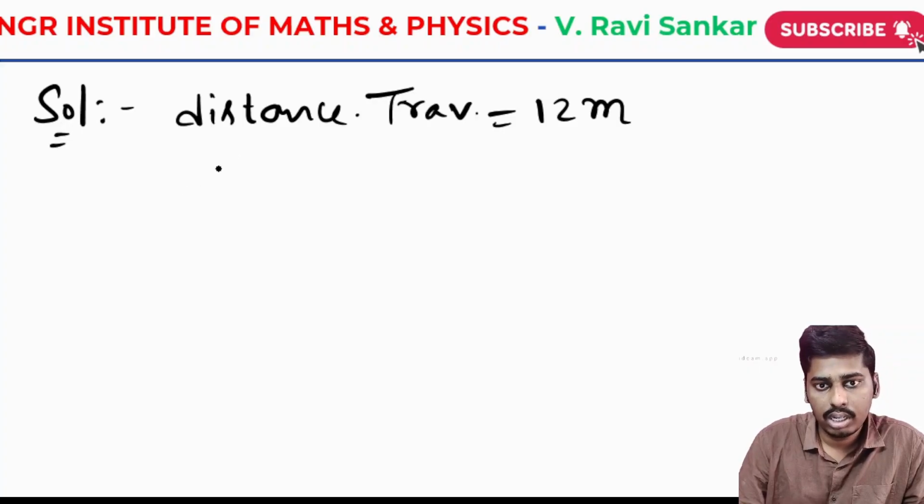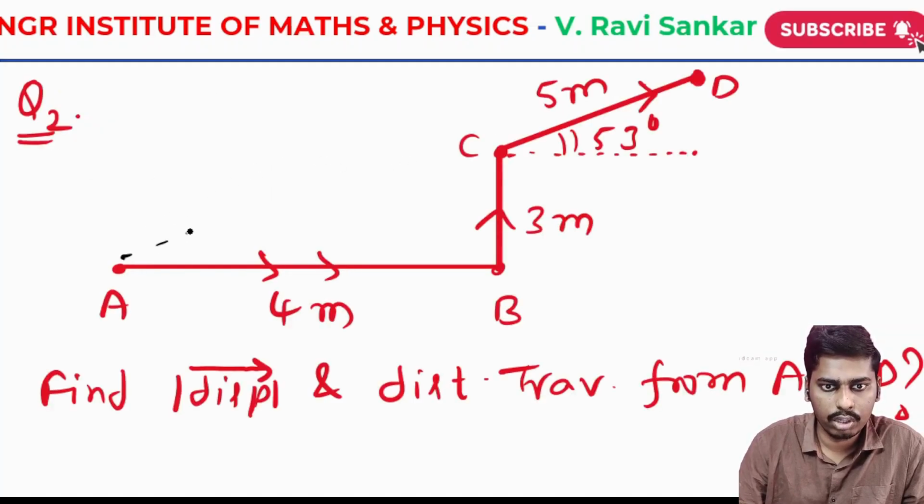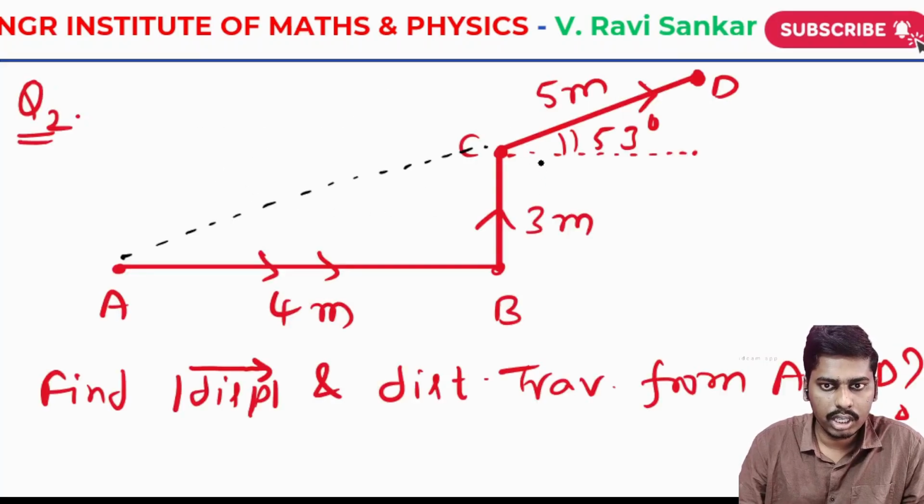But when you come to the displacement magnitude, most of the students think it is 5 and 5, total 10 meter, but it is wrong. Why am I saying it is wrong?